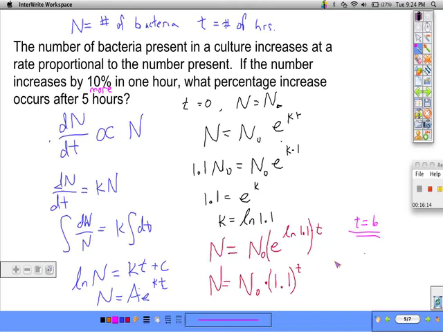So n is equal to n sub 0 times 1.1 to the 6th. 1.1 to the 6 is 1.7716. So after 6 hours, we are 1.7716 times the initial amount, which means our percent increase is 77.16%.